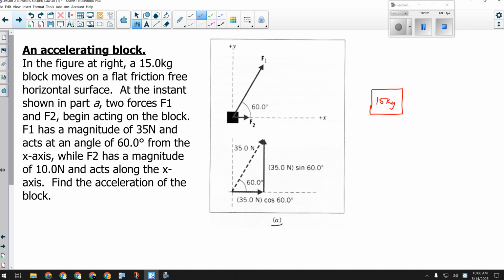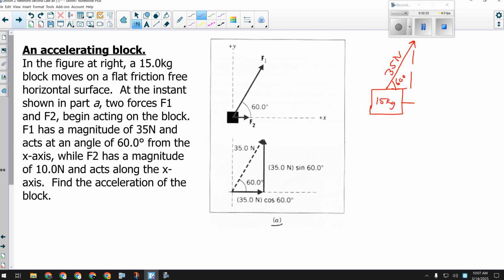I'm going to have the mass in the box. I'm going to have the first force, 60 degrees above the horizontal, and it is 35 newtons.